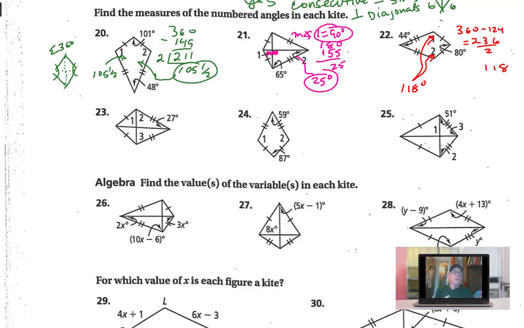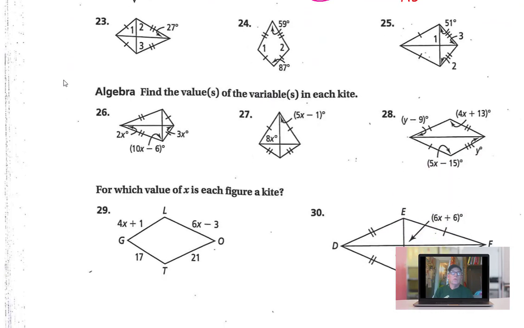Okay. Let's look at number 23 here. This inside angle is a 27. The non-vertex bottom angle is a 27. That means this one's a 27. And we need to find these angles over here. So we can pretty easily find out what 2 and 3 are by using triangle sums. And then once we know what 2 and 3 are, we'll see what we can do about 1 there.